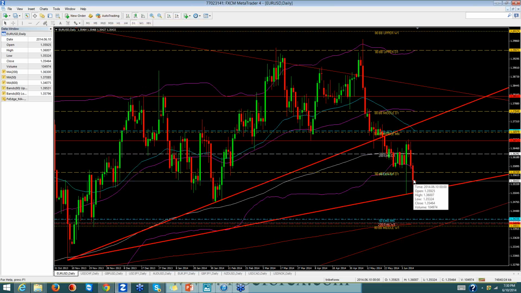So what we're going to look for now is, because we closed below the range and closed below areas of support and resistance, we're going to be looking for price to come down to 135.00 to 135.07, and we're more likely than not going to get a bounce of some kind right about this 135.00, 135.10 area. Clearly, we're still in a downtrend, guys. We did have a little bit of movement here.